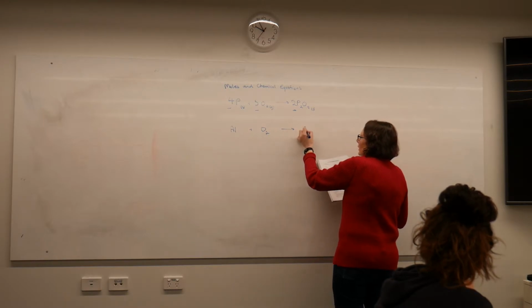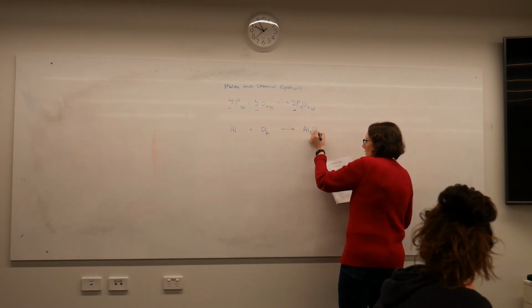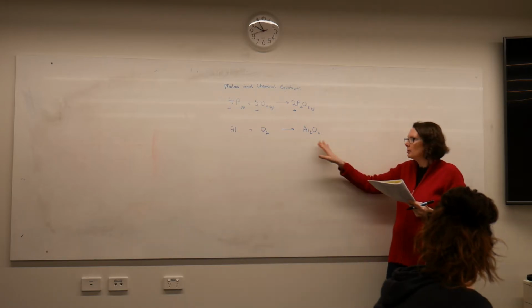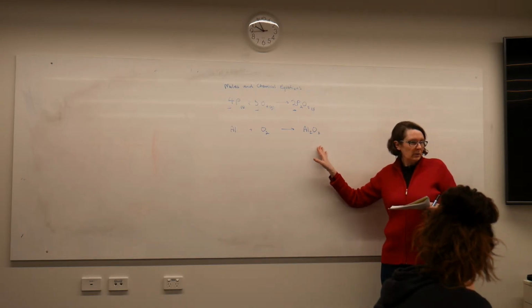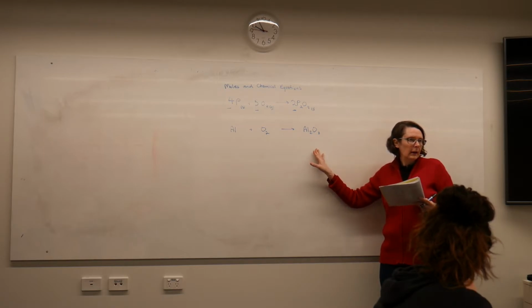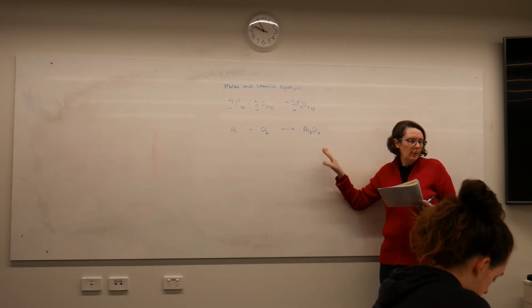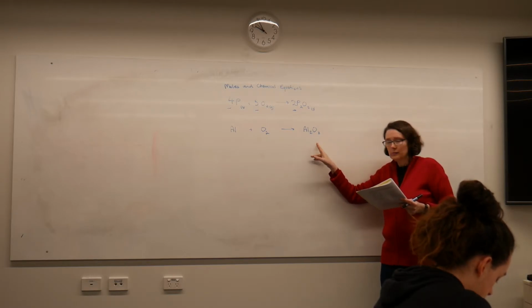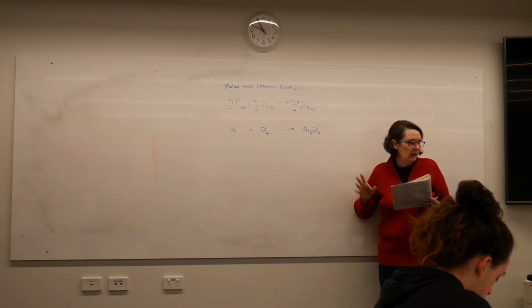And we're producing aluminium oxide. The aluminium oxide formula was given in the question, but you should be able to figure out how to write aluminium oxide now.